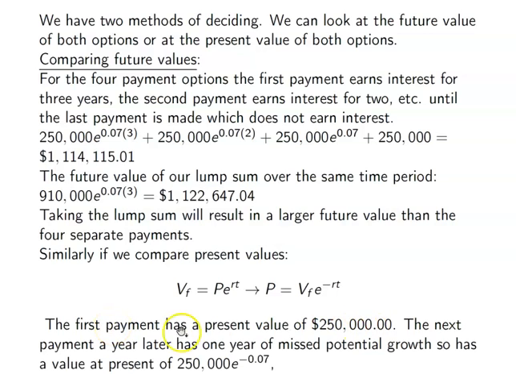The next payment, a year later, has 1 year of missed potential growth. So it has a value at present of $250,000 minus 1 year of growth that it could have had. This next one is missing 2 years and then 3 years of potential growth.